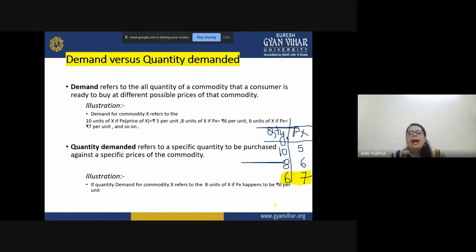Let me repeat. When I specify my quantity against a specific price, that refers to quantity demanded.